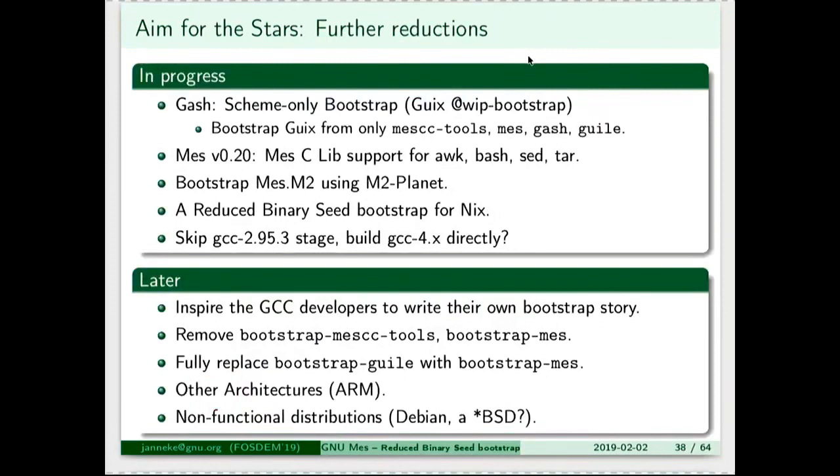Yeah, so what's the next stage? I said we were aiming for the stars, but we do it in very modest, simple steps. So one of the things we're working on is, as I mentioned, the MES C to M2 translation. But another exciting thing, I think, is the Gash project, which is a Scheme implementation of all the utilities we need.